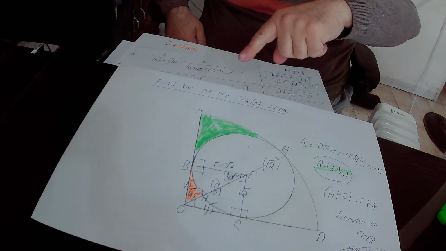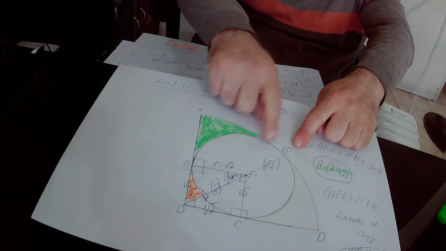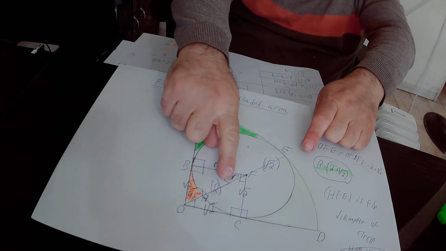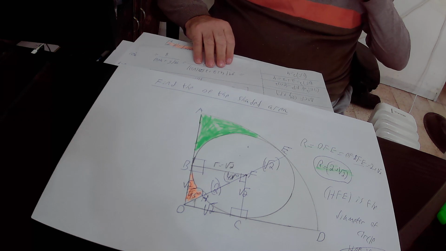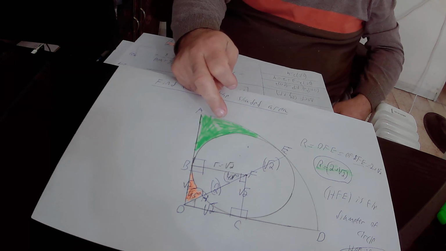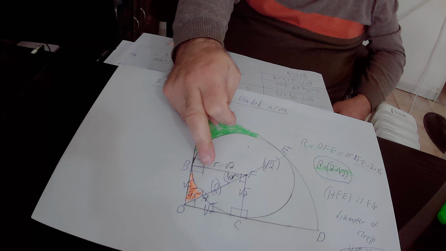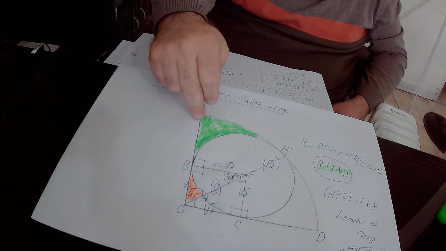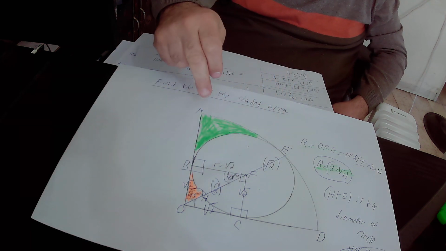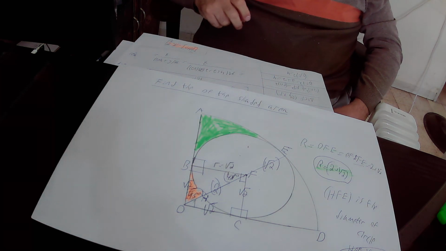AO is the radius of the big circle that is equal to capital R, and EO is also the radius of the big circle that is equal to capital R. Therefore, the area of this sector will be equal to pi times capital R squared times theta over 360 degrees. Theta equals 45 degrees. So in total, the area of this sector AOE will be equal to pi times capital R squared times 45 degrees over 360 degrees.